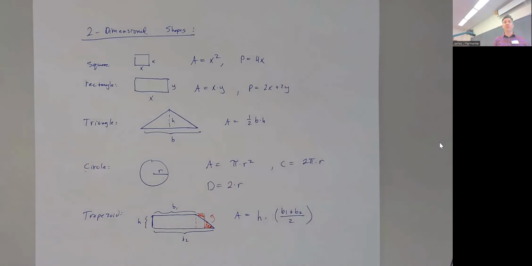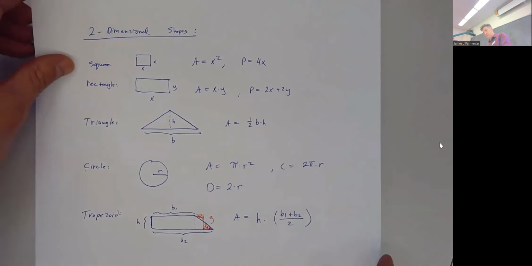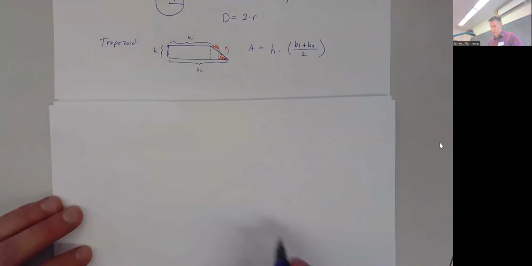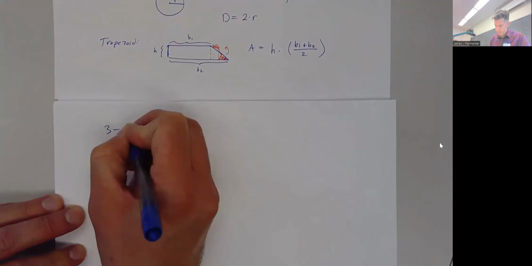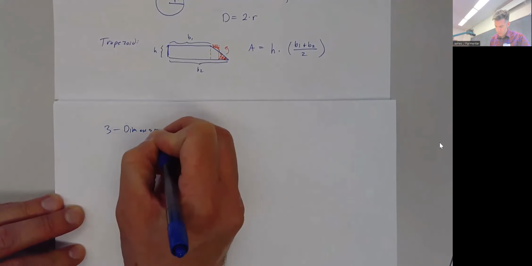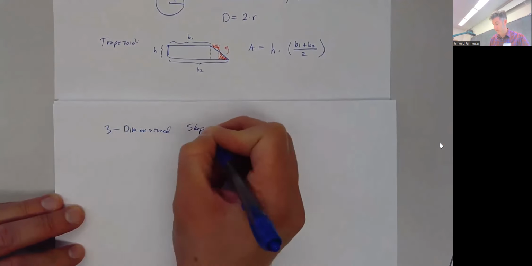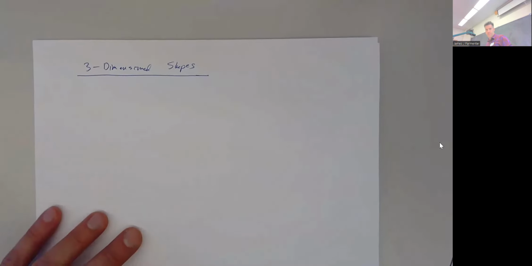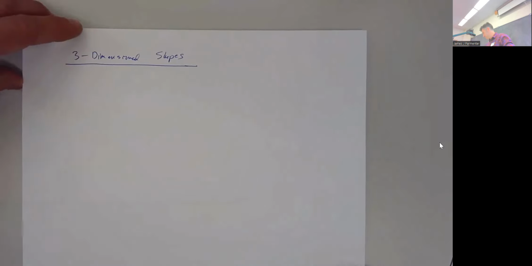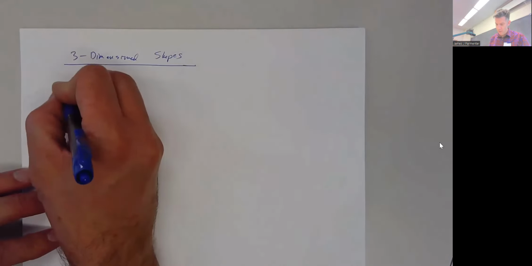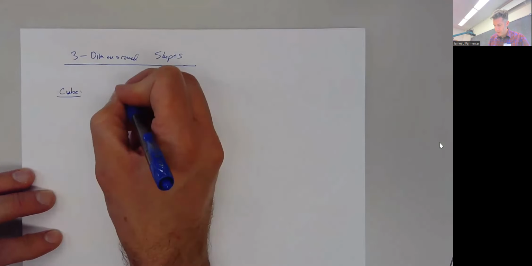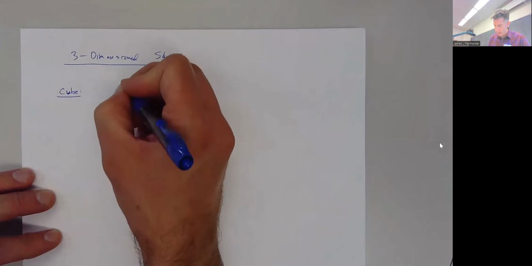Let's talk about the 3D shapes because I feel like those are a little bit more complicated. So 3-dimensional shapes, or I guess I should say solids, and we'll go in the same order of types of shapes. So let's talk about a cube. When you're drawing a shape, it is up to you to label the sides how you want.